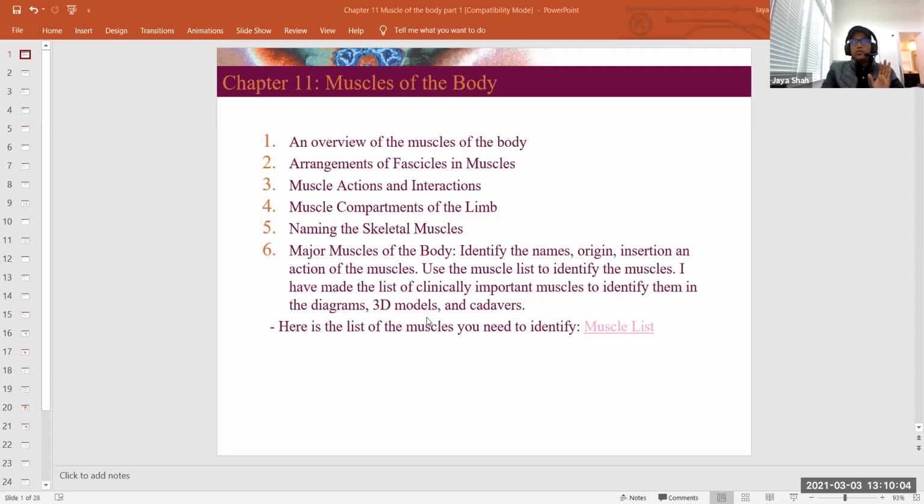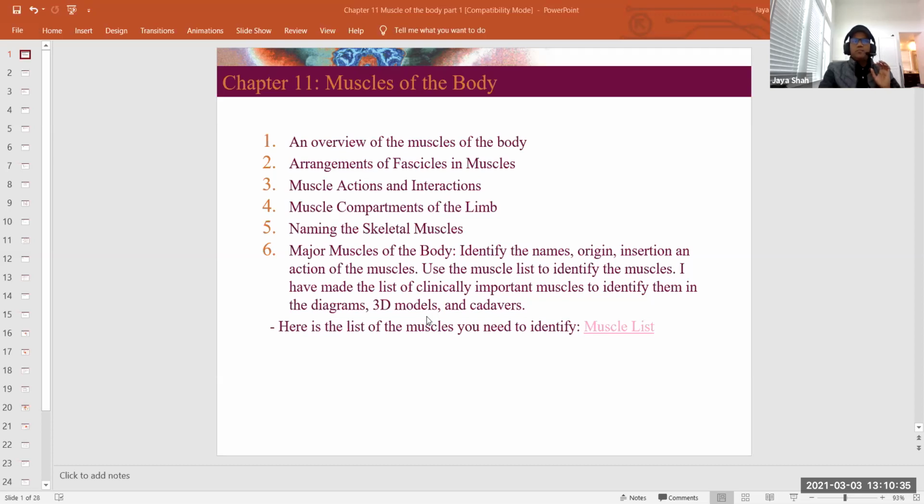Like, do you remember last time the bone list? In the bone list, some of the bones have no feature, some of the bones have one feature, some of the bones have 5 features. Exactly the same way with muscles. Some of the muscles you just need to know the names and where they are.